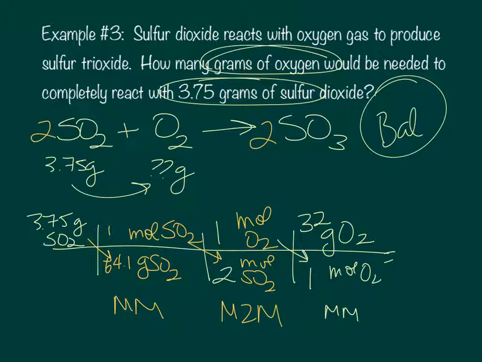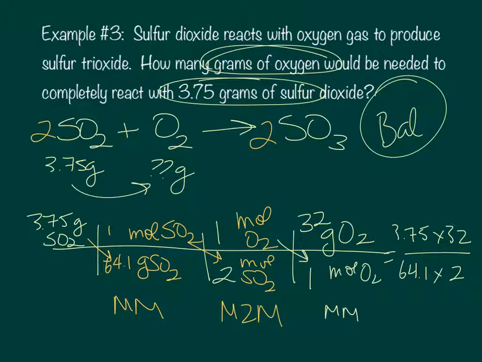So now when we math this all out, 3.75 times 32, and then it's going to be divided by 64.1 times 2. So again, make sure that when you're doing this sort of thing, when you've got 2 numbers on the bottom, divide by each number or enter them in parentheses, one or the other. So I'm going to hit it with my calculator, 3.75 times 32 divided by 64.1, and then I hit divided by 2 to make the number work out.